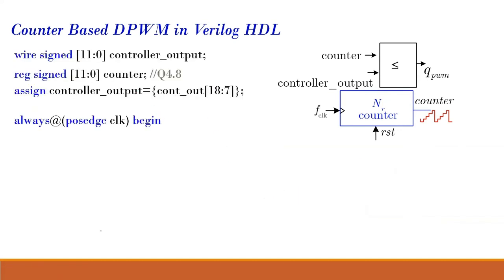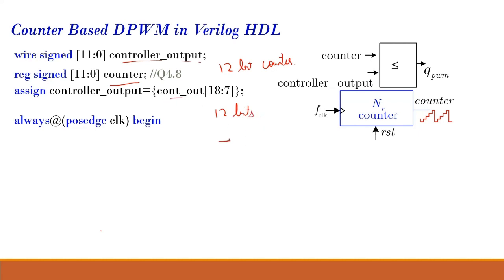My counter is a 12-bit counter. The controller output is another variable, a wire, and I am giving it only the first 12 bits of my count out.